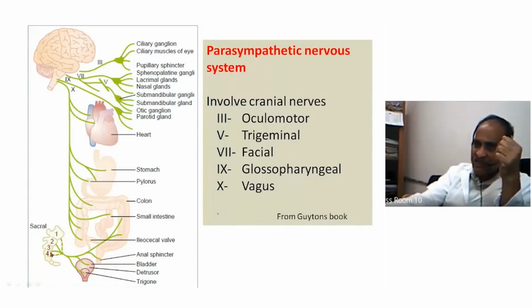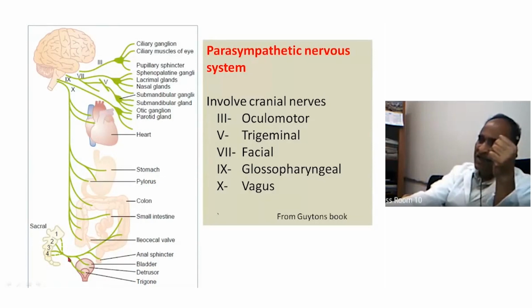These are the sacral segments, sacral segments 2, 3, 4. This will be known as the nervi erigentes, or the pelvic splanchnic nerve, and this sacral nerve supplies the colon, the pelvic organs, the urinary bladder, ureter, and even the seminal vesicle and vas deferens.